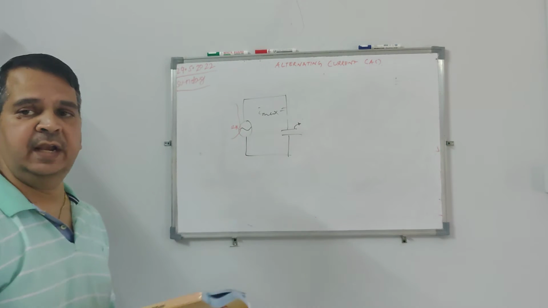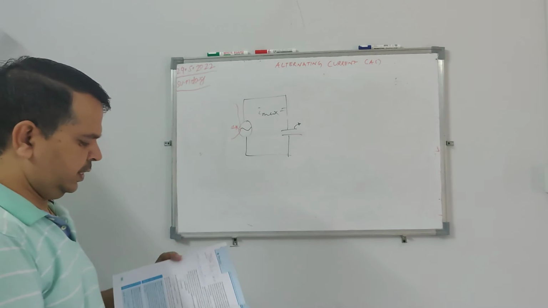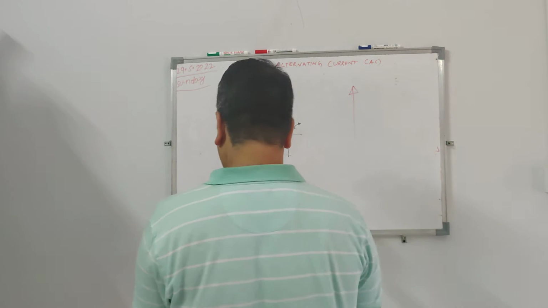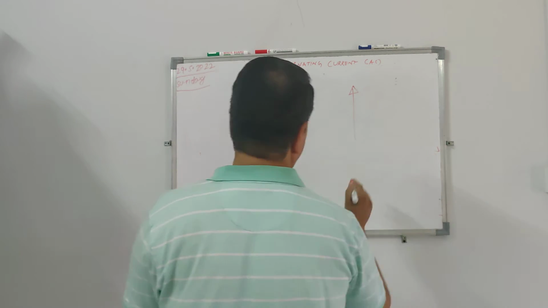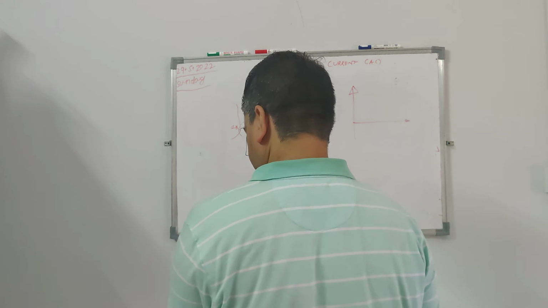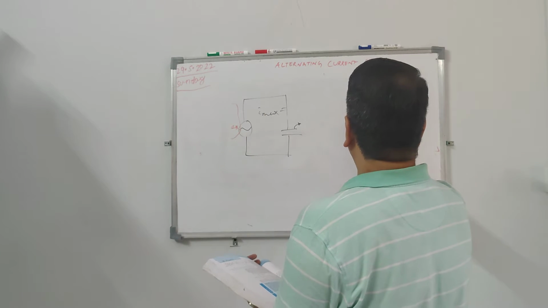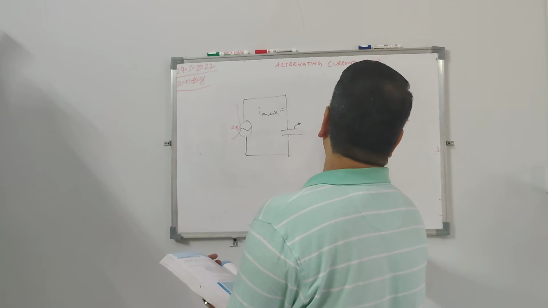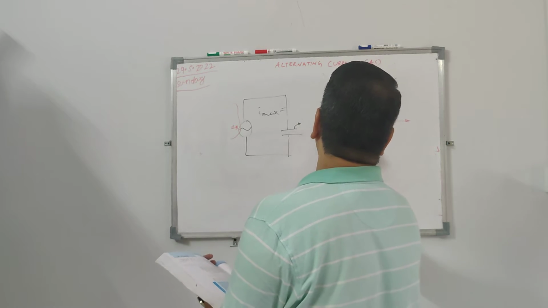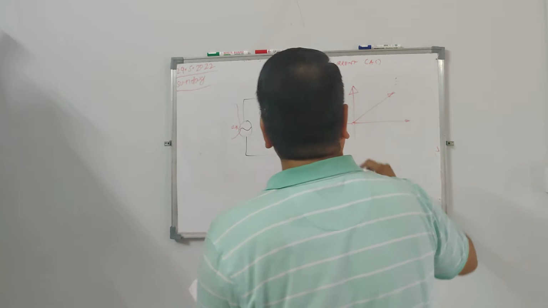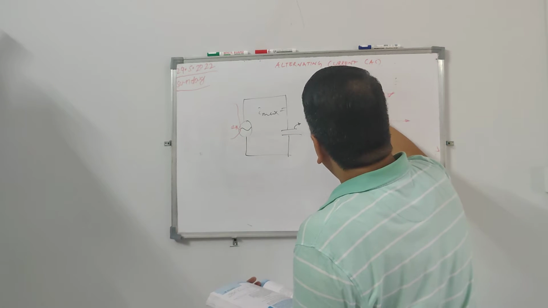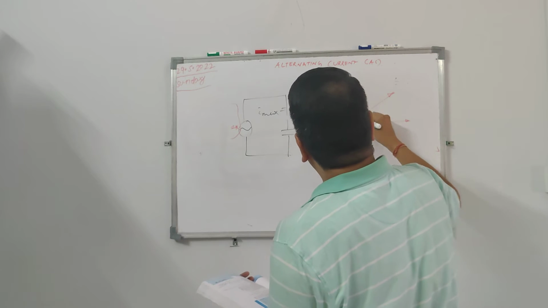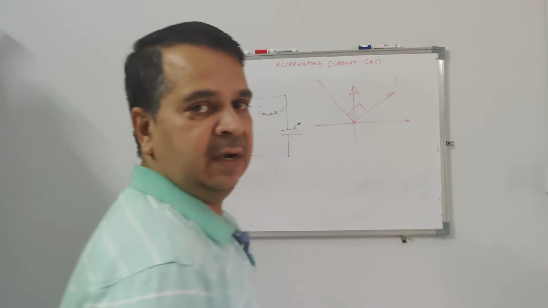So we can draw the phasor diagram again here. Let us say this is my voltage, with this as the negative axis, and then some 90 degrees.